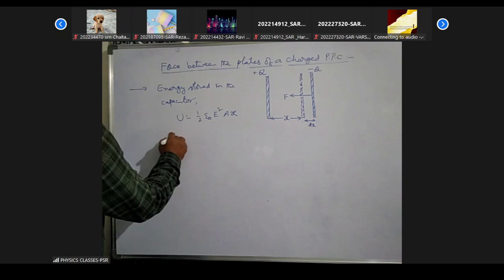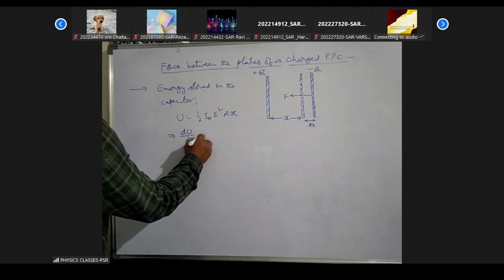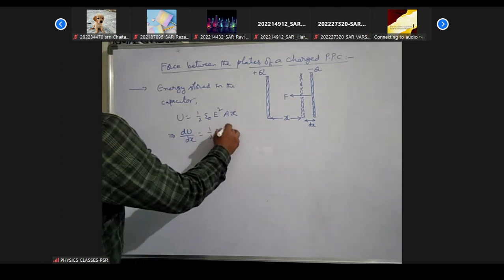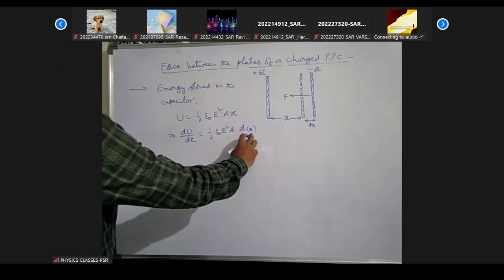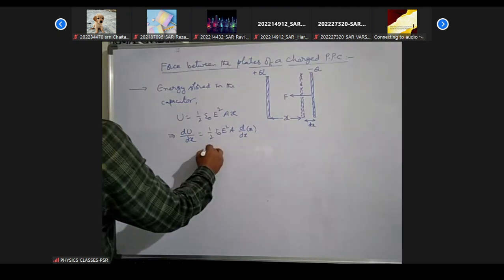Now differentiate this with respect to x. dU by dx is equal to half epsilon naught E square A times d by dx of x. What is d of x with respect to x? 1, right?